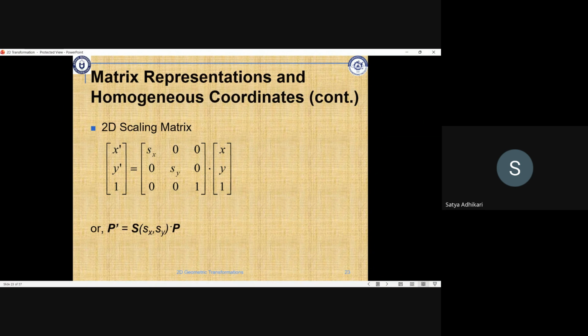So here x dash equal to x into sx, y is 0 and 0. So x dash equal to x into sx. The formula you know. X dash is calculated by multiplying x with sx.